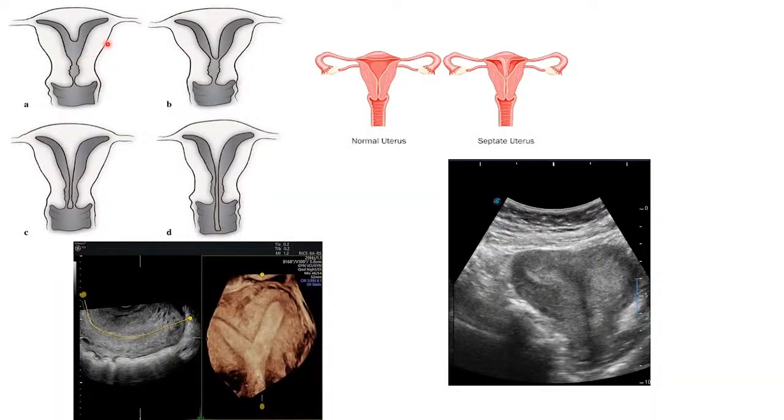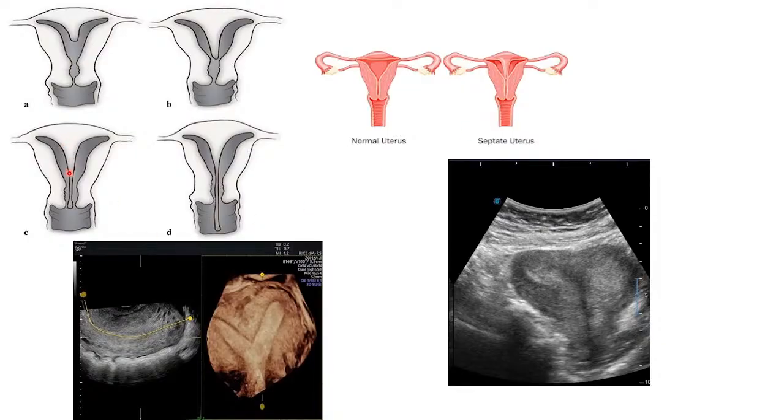So see here the septate uterus. You can see here that's a normal uterus there, and you see there's a septum there dividing the two sides of the cavity like that.